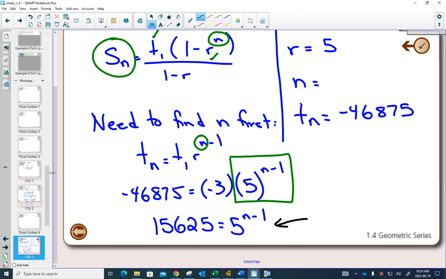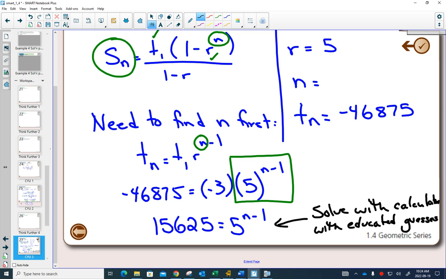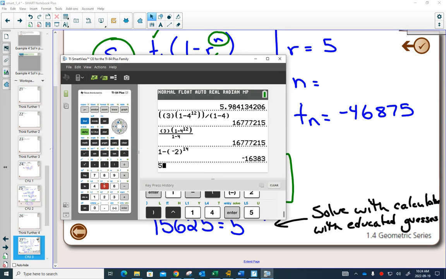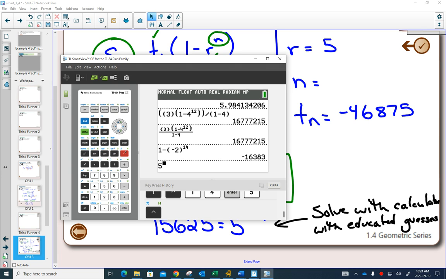And at this point in your mathematical career, you do not know how to do this other than guess and check, or all right, educated guesses. So we need to take out our calculator and try. Is 15,625 5 to the 5?